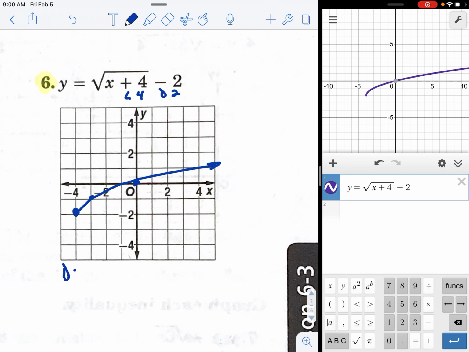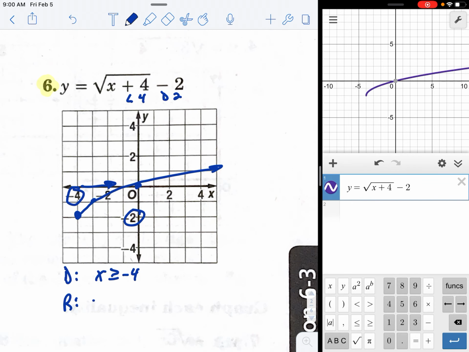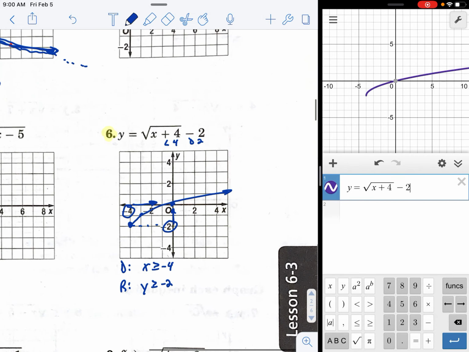Let's do the domain and the range. Domain, again, just a word for x values. This starts at the x value -4, and it goes to the right forever. So x is greater than or equal to -4. The range starts, the y values start at -2 and goes up forever. So that's y is greater than or equal to -2.